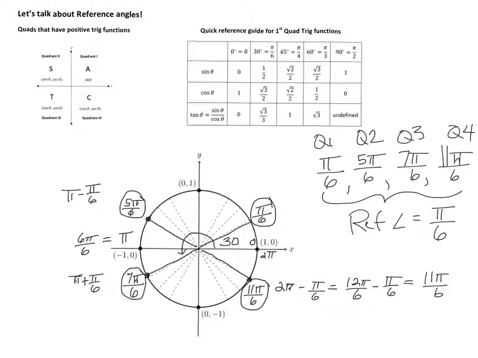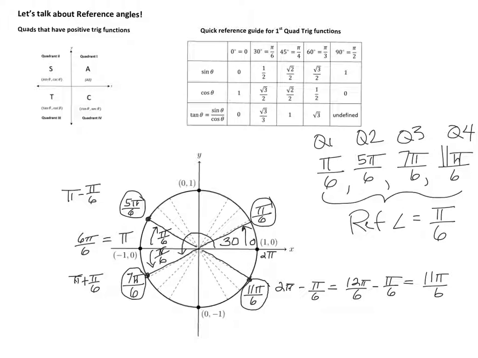For pi over 6, we clearly just went pi over 6. For our 5 pi over 6, if you go over to pi, we basically subtracted pi over 6, so the distance from the axis is pi over 6. 7 pi over 6, it still has the same angle. You can look at it and tell they're the same.